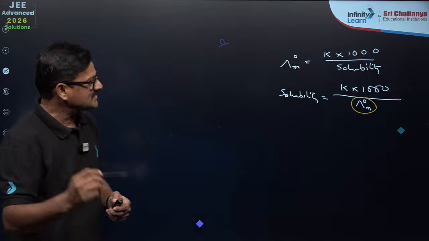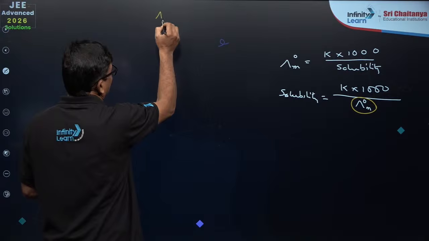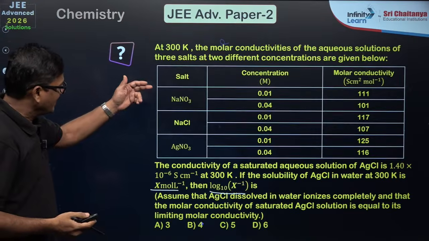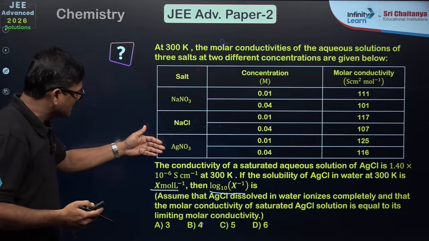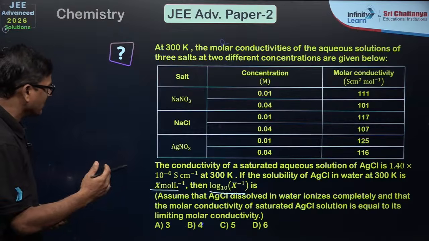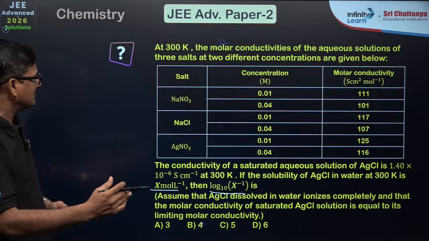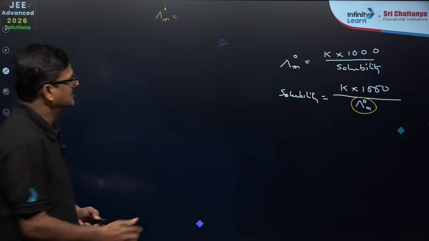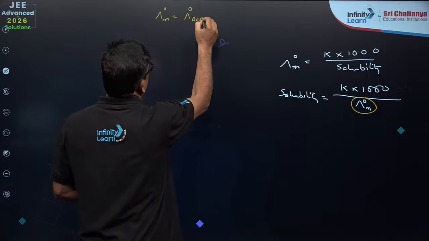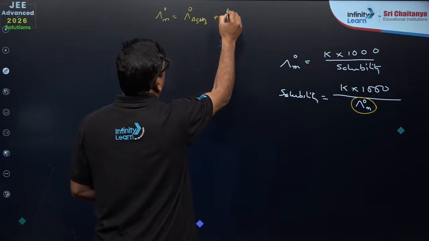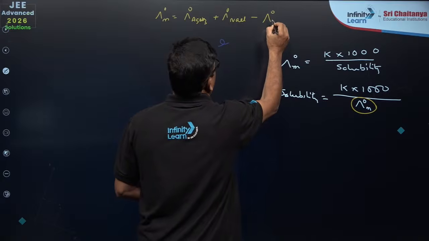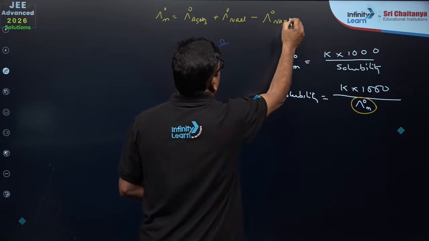To calculate this limiting molar conductance, you have to take the strong electrolytes. NaNO3 is given, AgNO3 is given, NaCl is given. Okay. Now from there, AgNO3 you can calculate by taking limiting molar conductance of AgNO3 plus limiting molar conductance of NaCl minus limiting molar conductance of NaNO3.